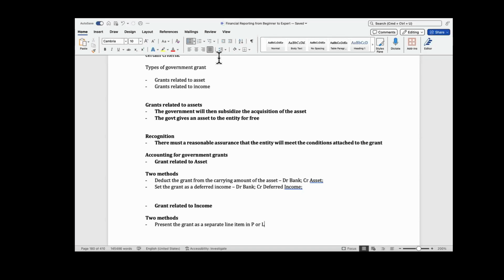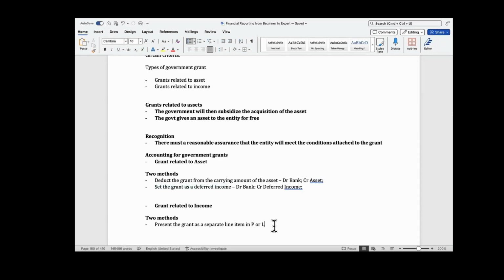But if it is a grant where you will have to meet a condition in the future, then you might not be able to recognize that grant to P&L immediately. If it will take you 2, 3 or 4 years to meet those conditions, you would have to set it up as a deferred income first.